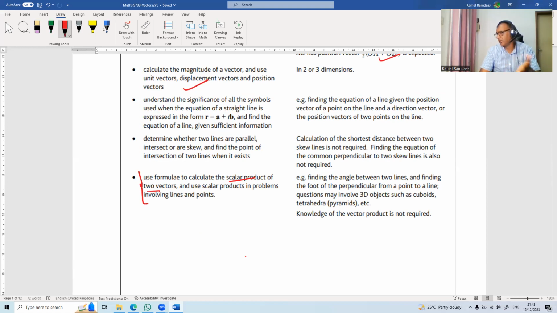Et bien sûr, find the angle between the two lines, footer perpendicular from a point to a line, et tout ça là, nous travaillons pendant les questions d'examen in the next video, OK? The next video, ça veut dire vidéo 39. But to make sure that we have example for each of these items. Okay? Exam questions.